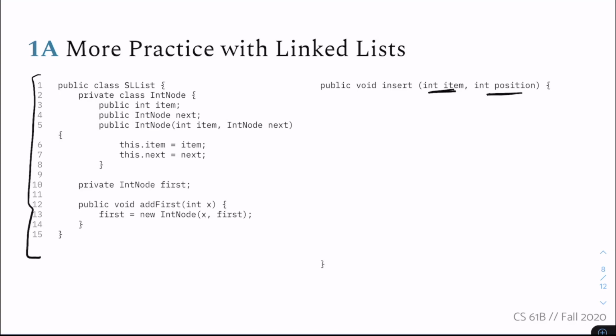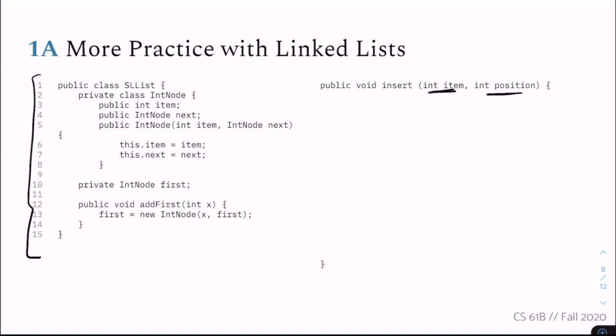And of course, there are a couple caveats to this. If position is greater than the length of our list, we just add it to the end. We can assume that position is non-negative, of course, because there's no such thing as a negative position. And we want to create a new int node wherever we add it.